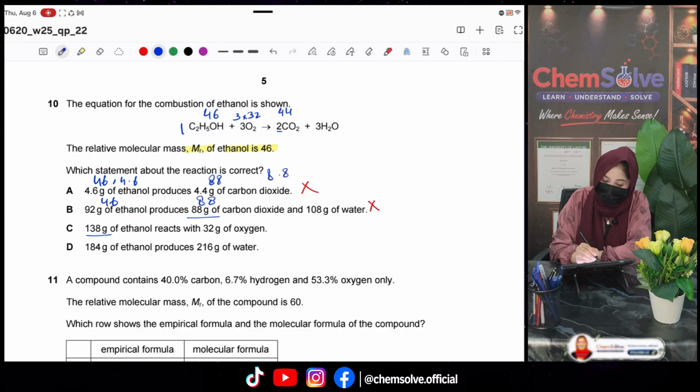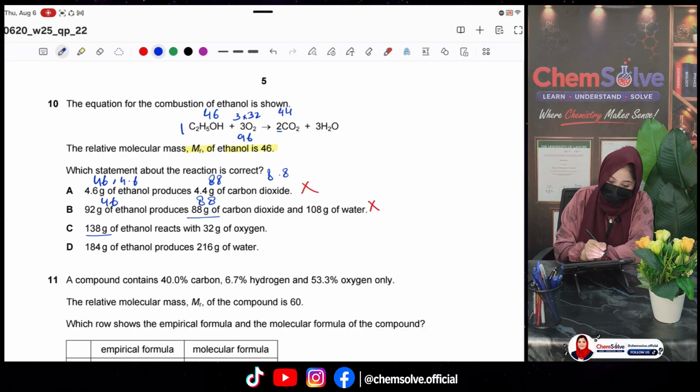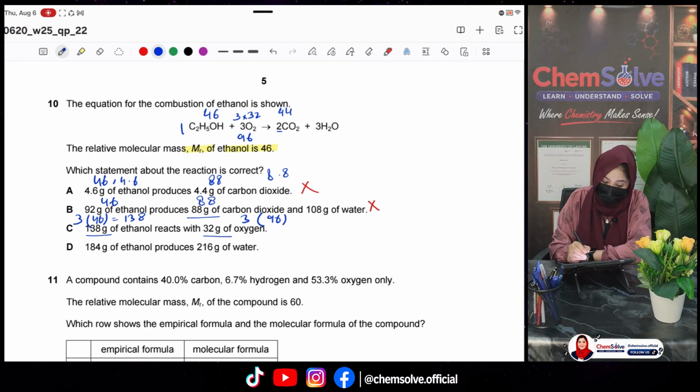If we have 46 grams of ethanol, then oxygen is 96, right? So if we multiply 46 by 3, it makes 138. That's why we have to multiply this 96 by 3 as well to make the same ratio. So it will not be 32. The answer would not be 32 at all. That's why it is the wrong option.